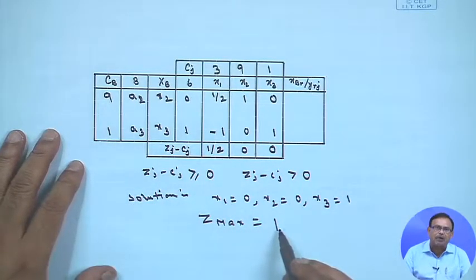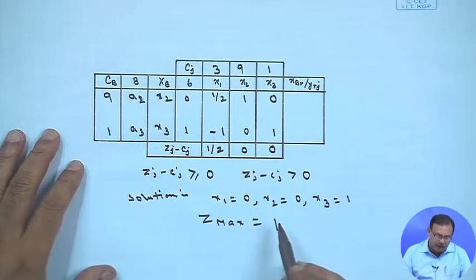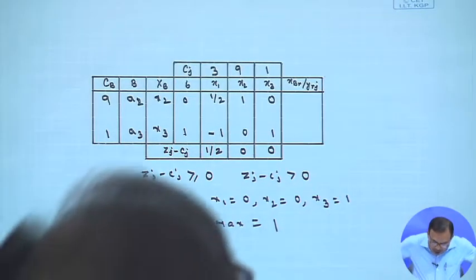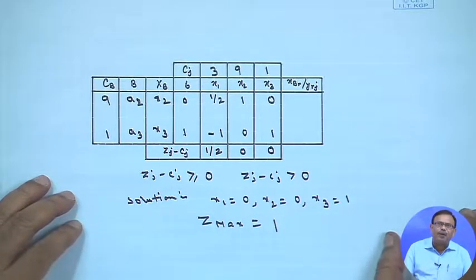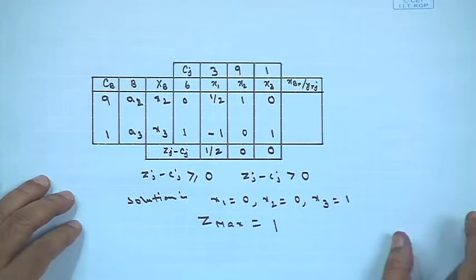So, the value of z max is 1, because z is Cb into B. So, basically, although we had the degeneracy in the initial table itself, where we checked that the value of a basic variable is 0, in this case we do not have to bother about anything. We proceed as usual and we will obtain the solution. Now, let us see the type 2 degeneracy.